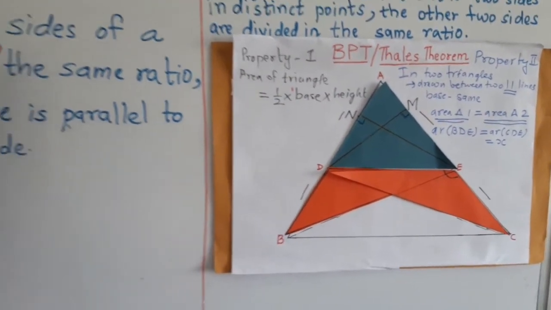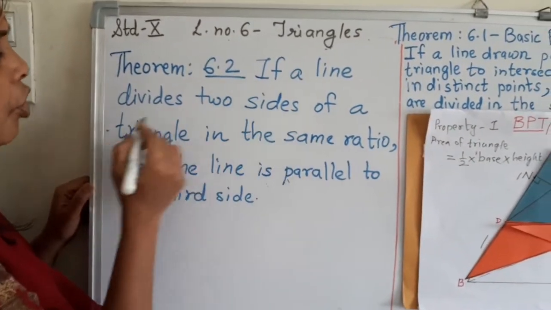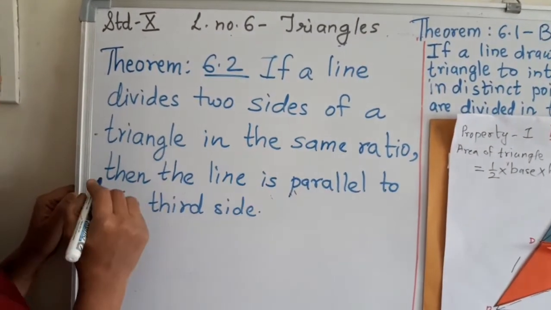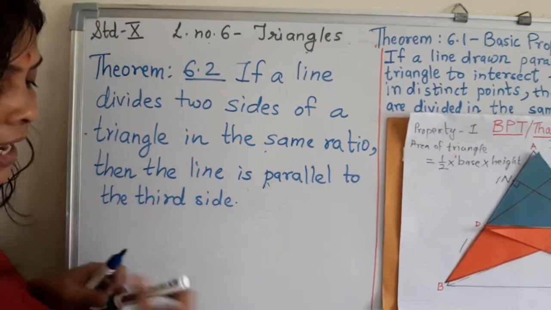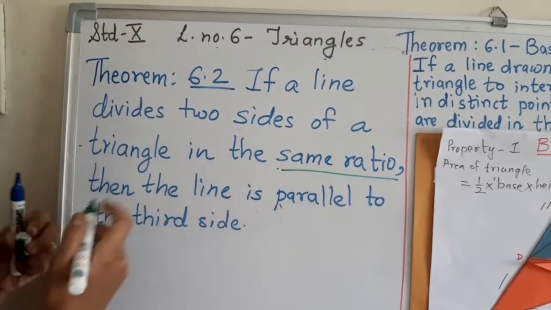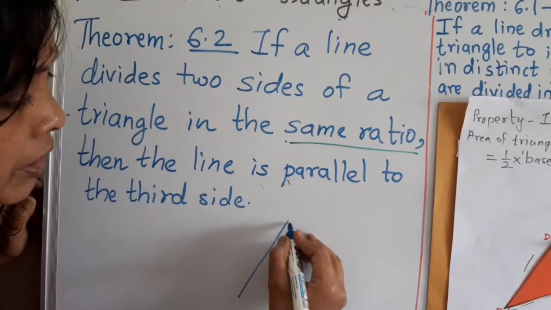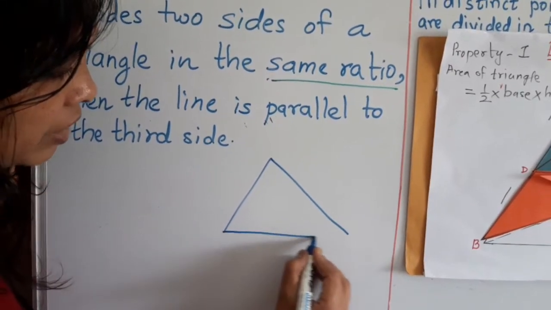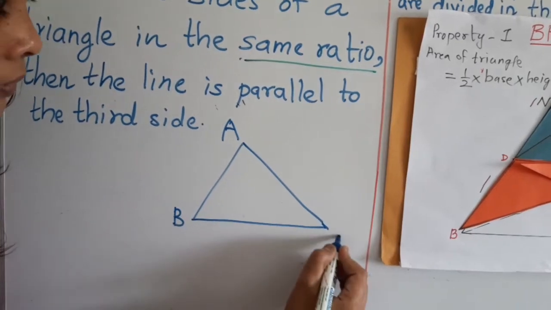Now here they have given exactly the opposite: if a line divides two sides of a triangle in the same ratio, then the line is parallel to the third side. It means here I am showing triangle ABC.